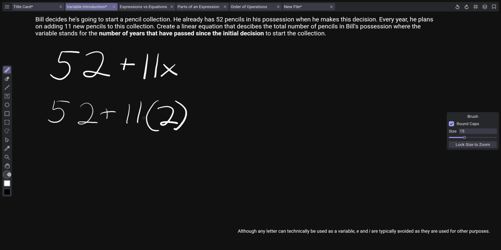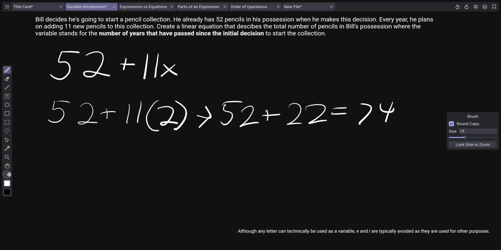And when we put it in parentheses like this, next to another number, this means we're going to be multiplying, right? So this would turn into 52 plus 22, and then that would turn into 74. So we'd have 74 pencils after 2 years.